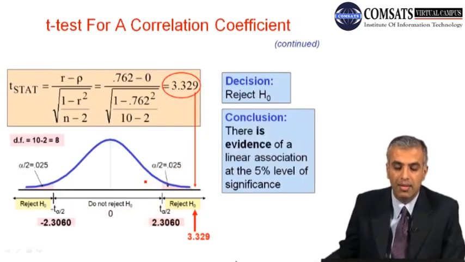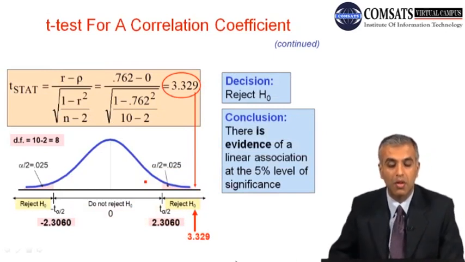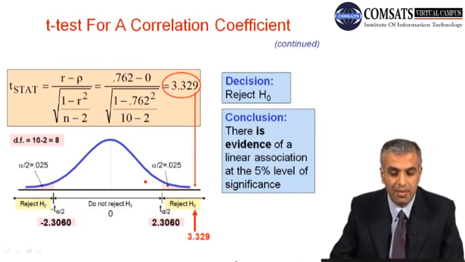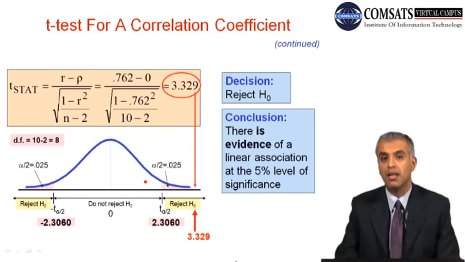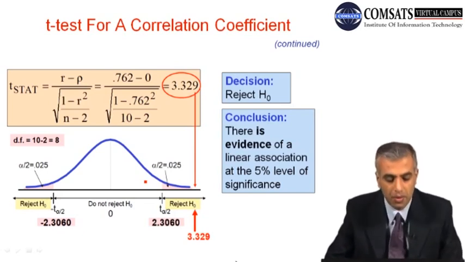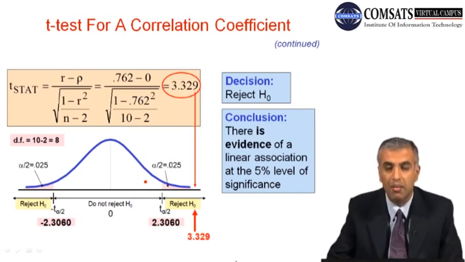Then we discuss the concept behind this t-test statistic. As we have obtained this value of 3.329, now we have to draw the same normal distribution curve which we have been drawing previously.